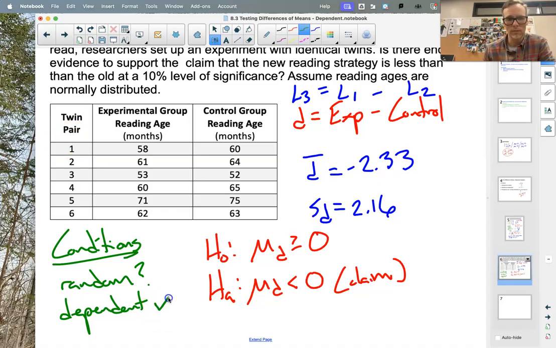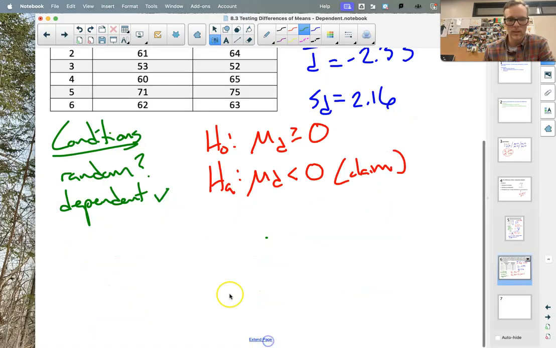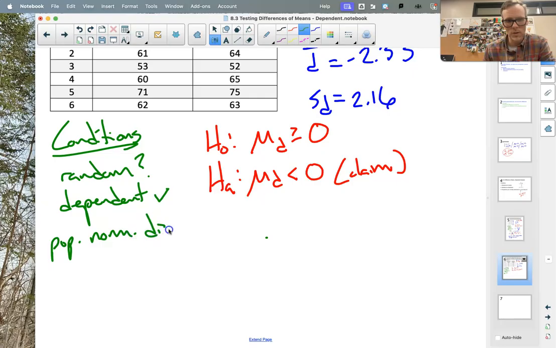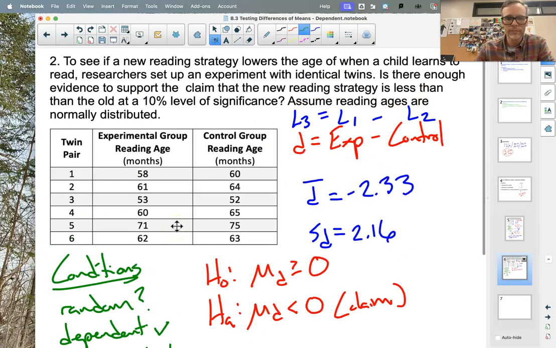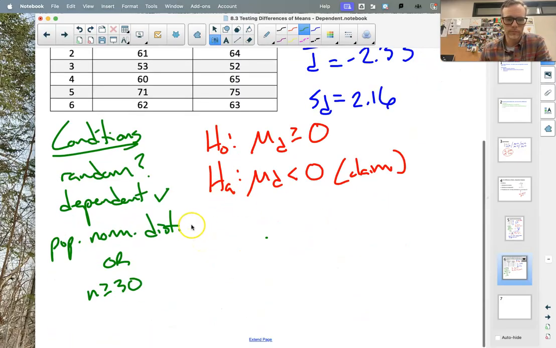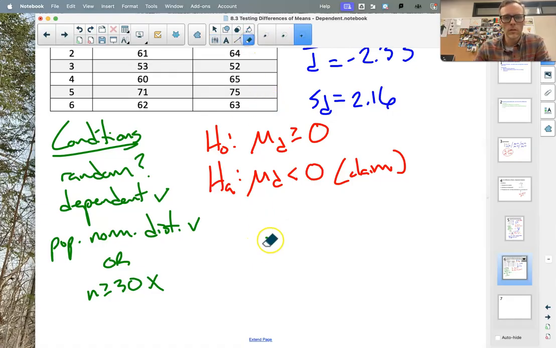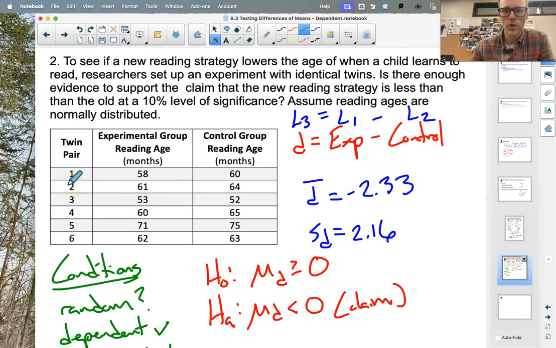Everything's the same except for their reading ages, which was dictated by a control group versus an experimental group. Population normally distributed, or n is at least 30. Assume reading ages are normally distributed. Good. All right, now it did not meet all conditions, because it didn't say anything that these twins were chosen at random, but let's do it anyway.